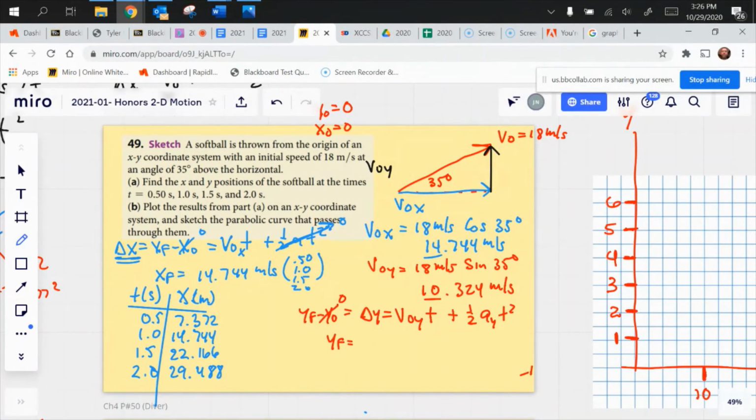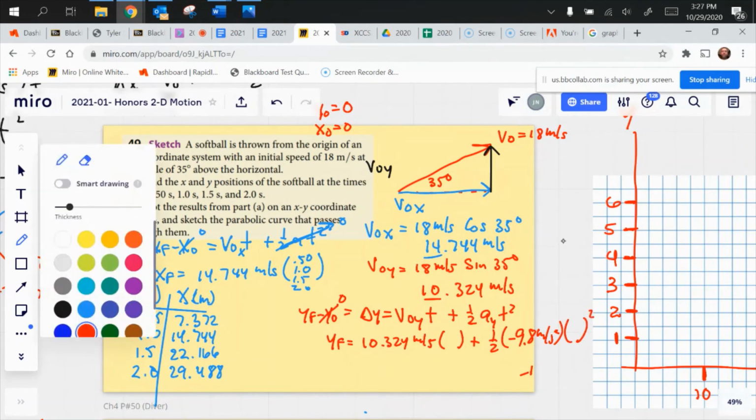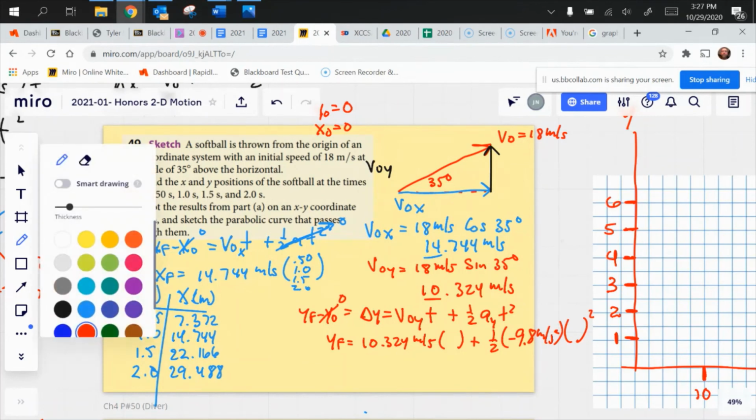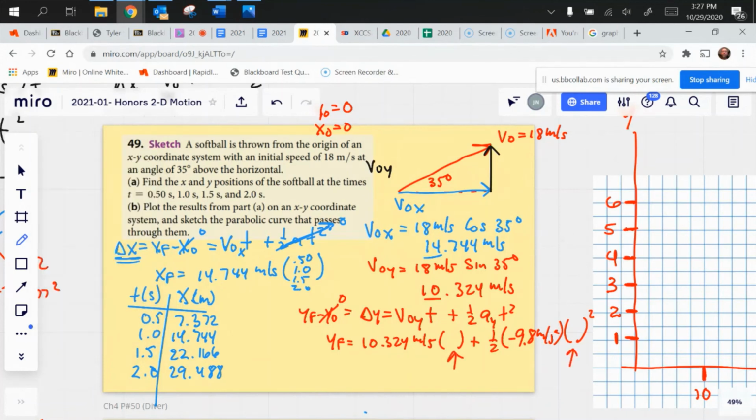So the final Y is going to be the initial Y velocity, which is 10.324 meters a second times the time plus half of the negative 9.8 meters a second squared times the time squared. And just like before, you're going to substitute in 0.5 and 1 and 1.5 and 2, but this time you're going to substitute it into 2 places. You're going to put it right there. You're going to put it right there.